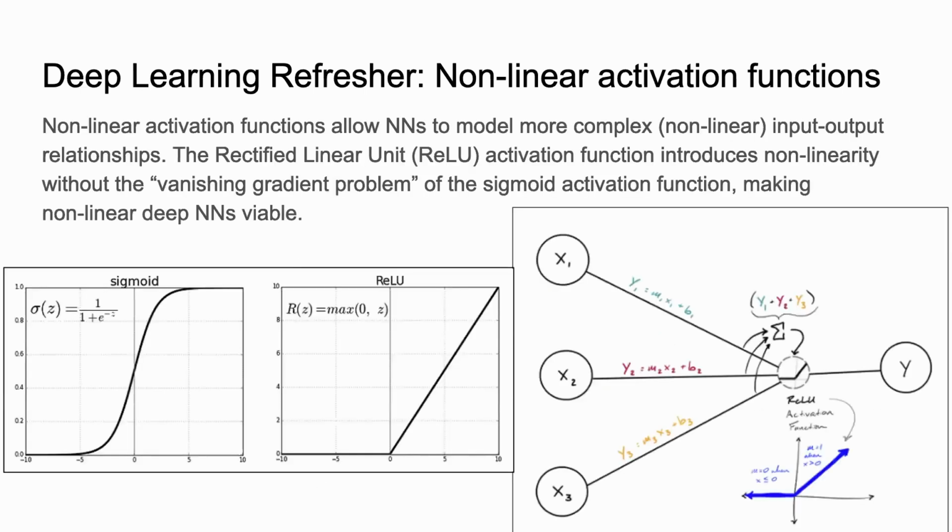And another major advancement, I don't really remember when exactly this happened, call it 40 years ago maybe, people started using this rectified linear unit activation function in the models, which both allows these neural networks to model nonlinear relationships because this function is nonlinear, but also solved what was called the vanishing gradient problem of the sigmoid activation function, which people were using previously to model nonlinear relationships.